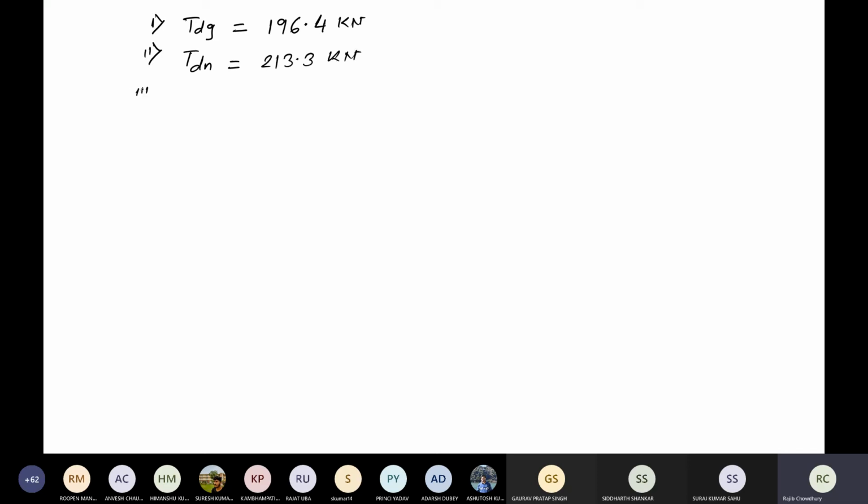And third, due to block shear, is 206.91 kilonewton.